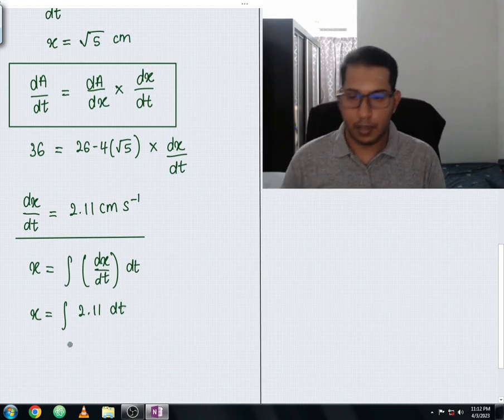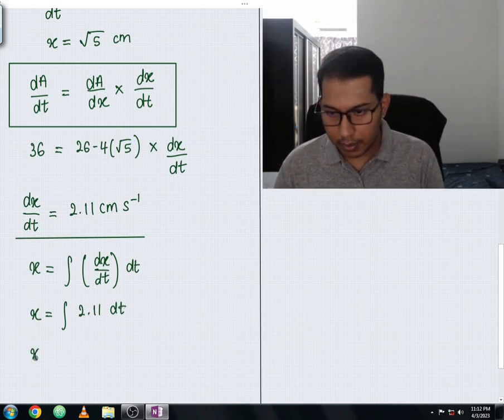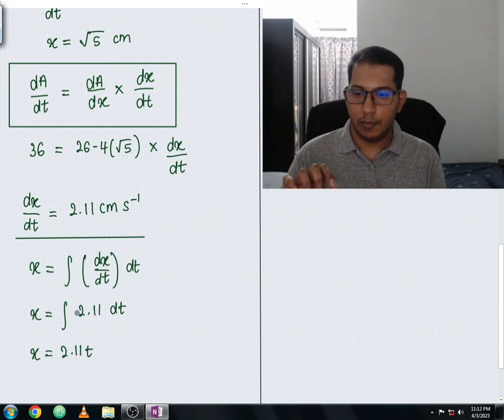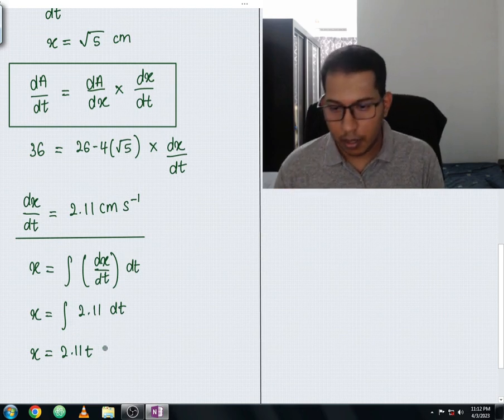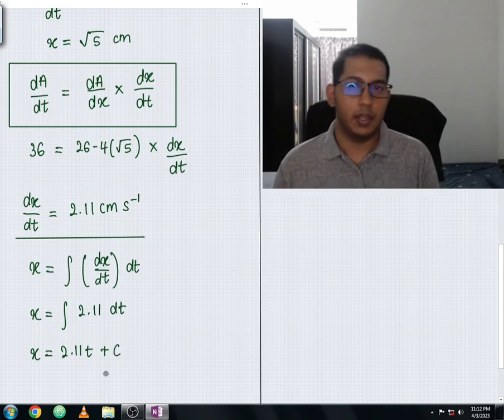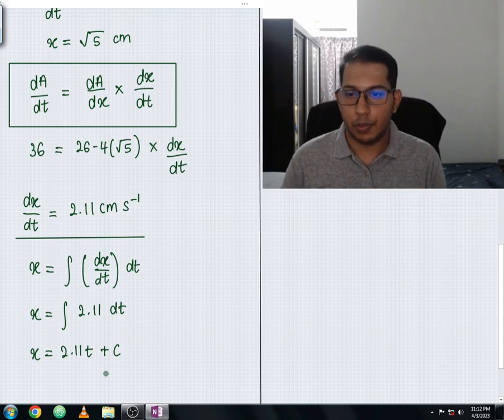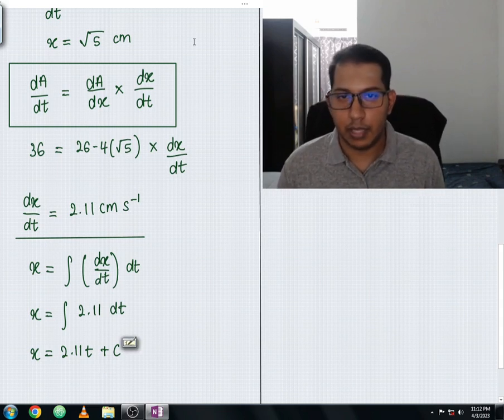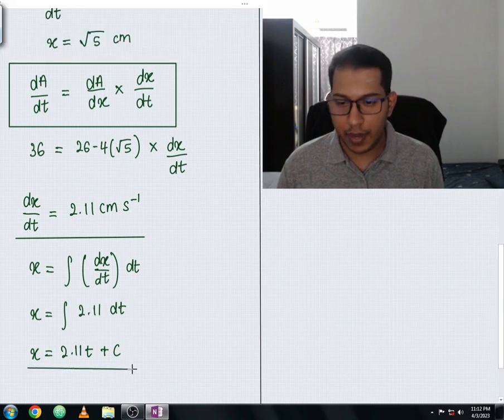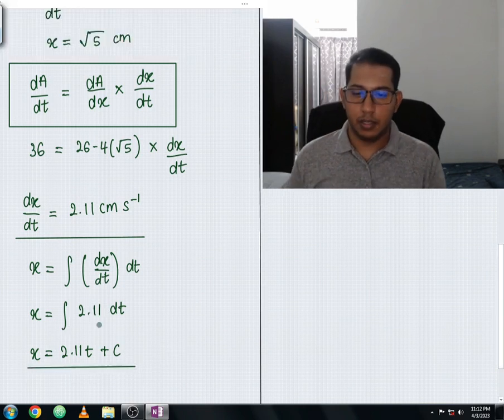You perform the integration, so from here you get x is equal to 2.11t, and make sure, since we are dealing with an indefinite integral, plus the constant c over here. Up until now I hope the students are clear about the steps and working. So for the next step we need to find the value of the constant c.